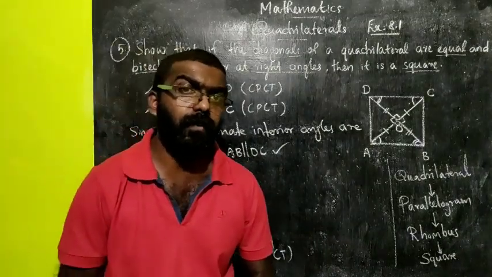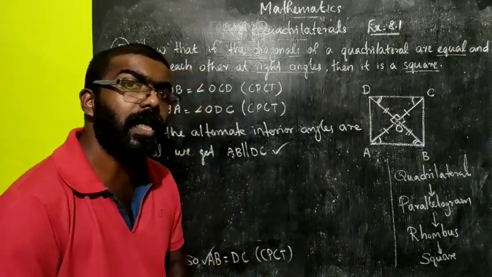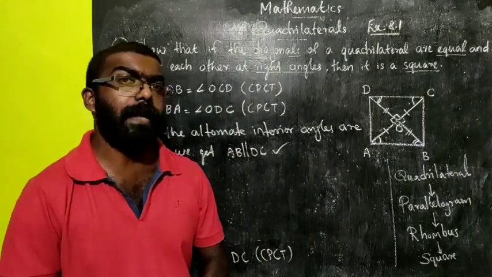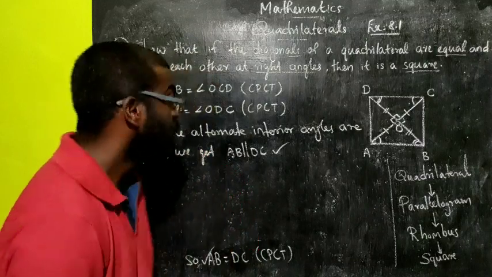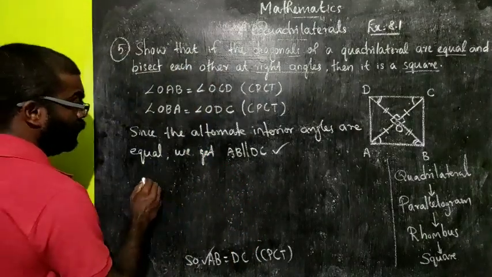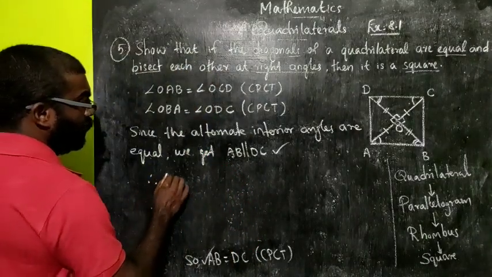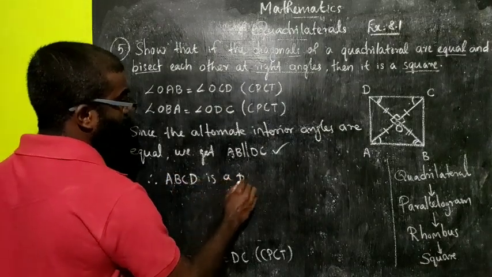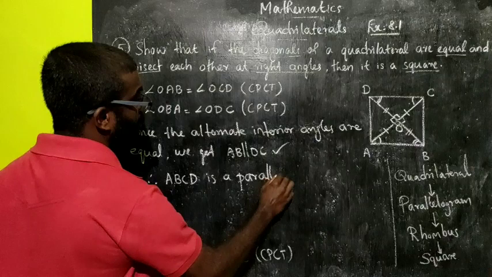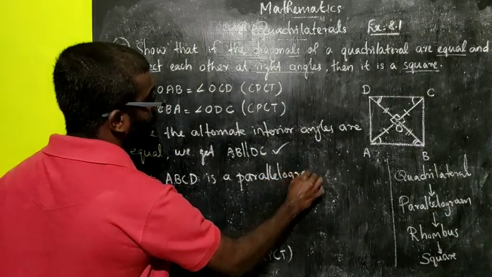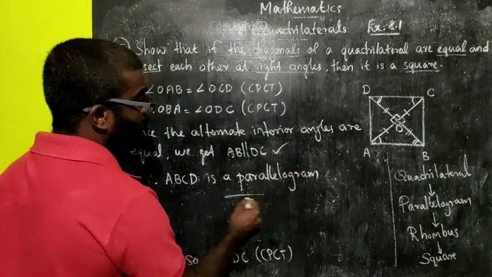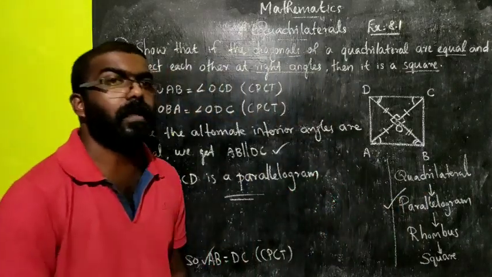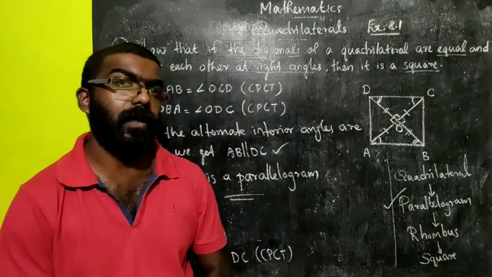If one pair of opposite sides are parallel and equal, then what can we conclude? That the quadrilateral will be a parallelogram. Therefore ABCD is a parallelogram. So the first part is over. We have proved that the quadrilateral is a parallelogram.